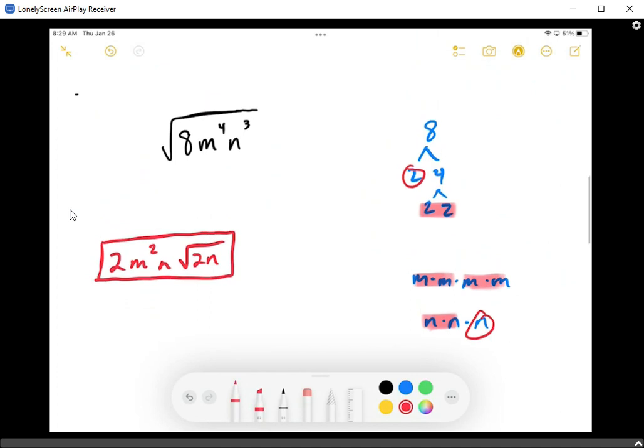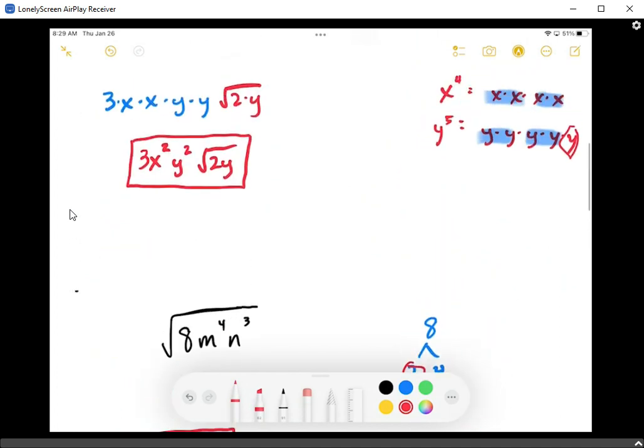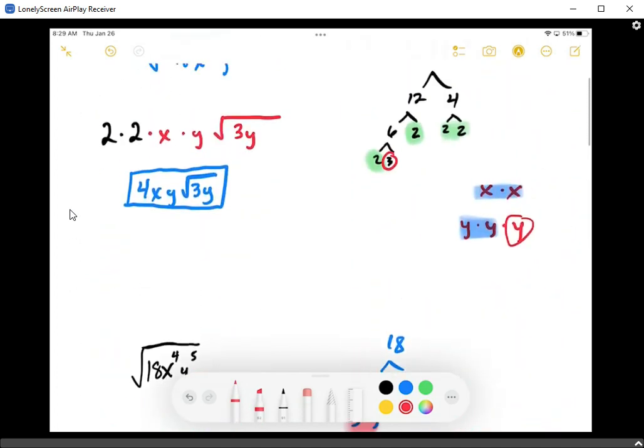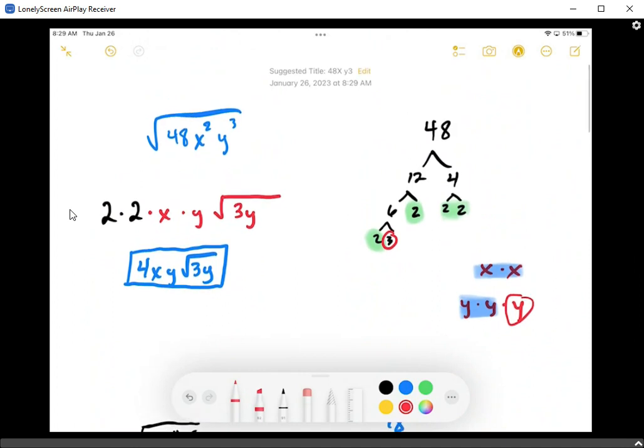Something that I want to point out, and you may or may not have already noticed it, as you go through all of these problems and look at your originals: when I'm taking the square root and the variable has an even power, I'm taking that power, cutting it in half, and that's how many of that variable shows up outside.